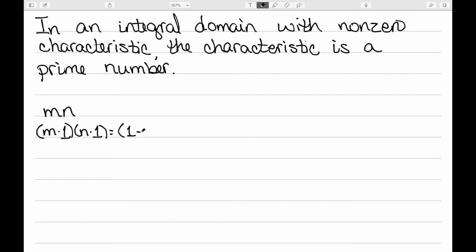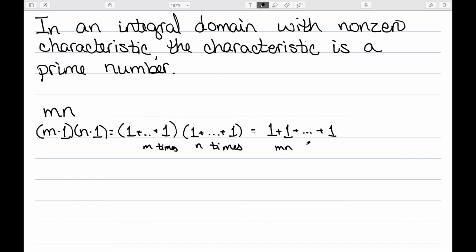Well, m times 1 is 1 plus 1 plus 1, etc., m times, and n times 1 is 1 plus 1 plus 1, etc., n times. Using my distributive property, I get this is 1 plus 1 plus 1, etc., mn times, which would be the same thing as mn times 1, which must be equal to 0.